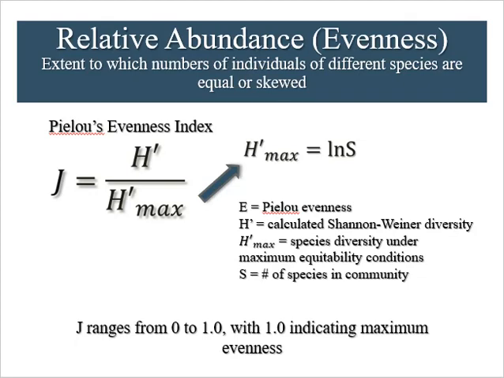So relative abundance is the percent composition of an organism of a particular kind relative to the total number of organisms in that area.